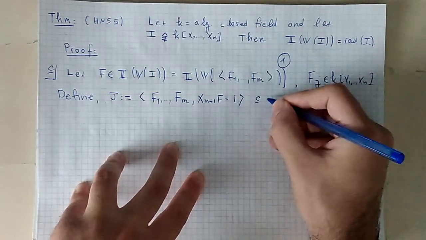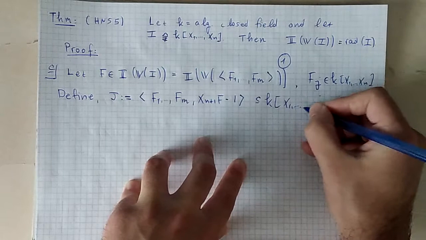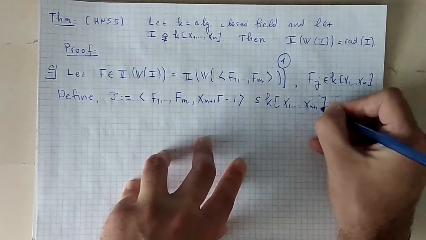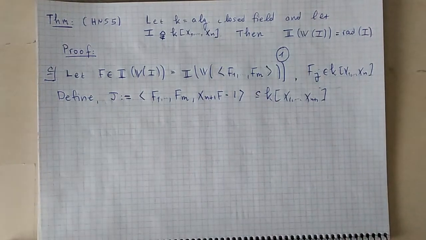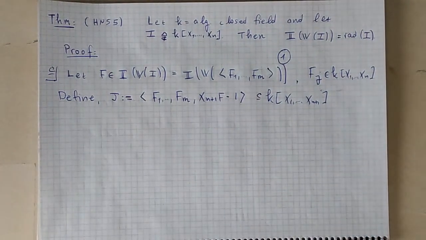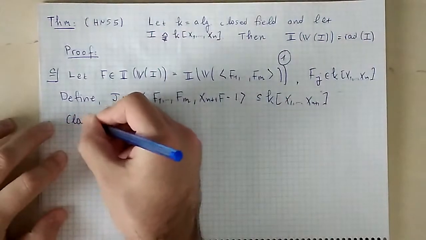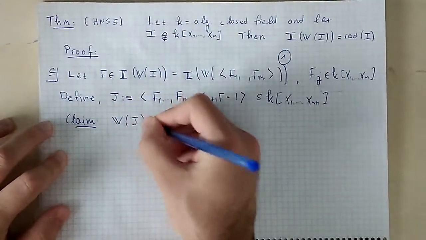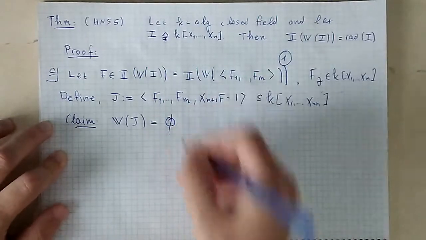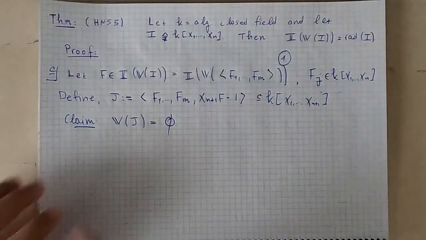So since we added this extra variable, now this becomes an ideal in the polynomial ring in n+1 variables. Now I claim that in reality, V of J is an empty set. There's nothing living inside of V of J. So let's see why this is true.